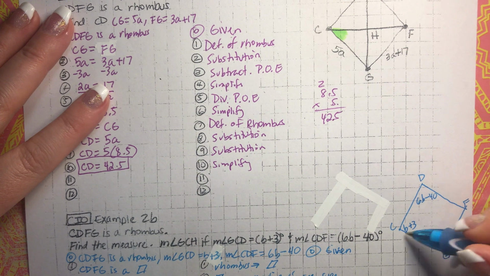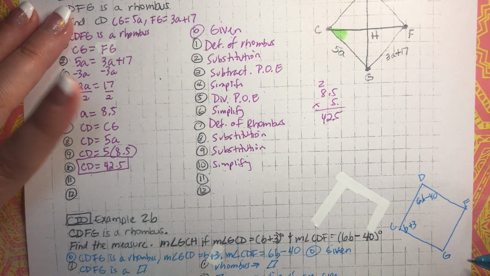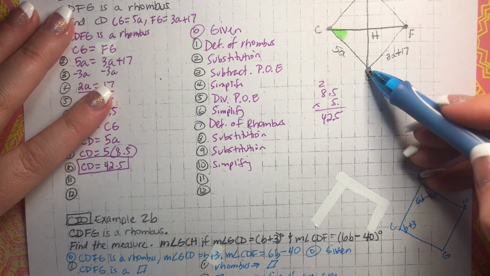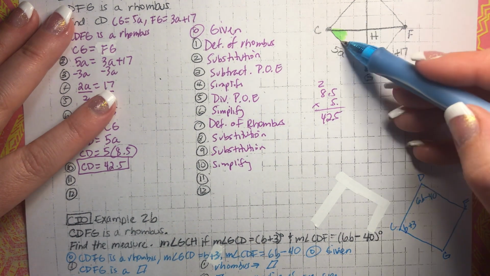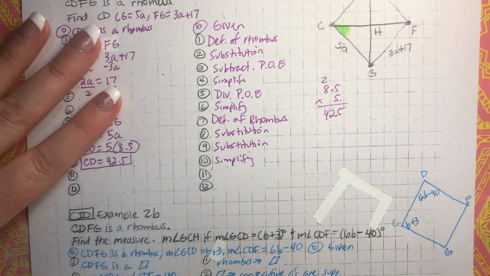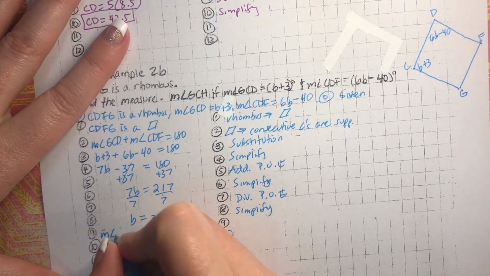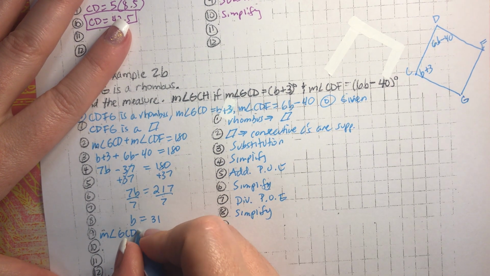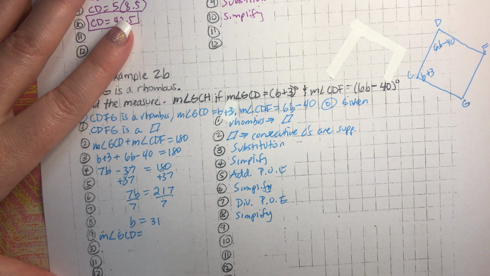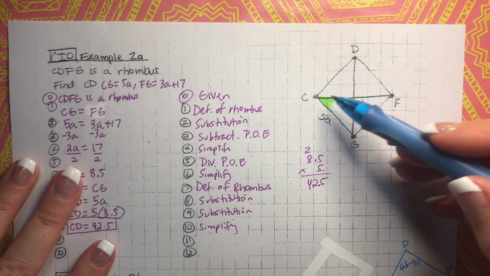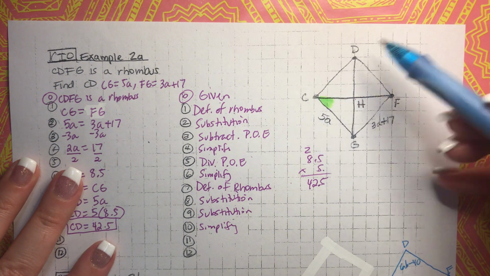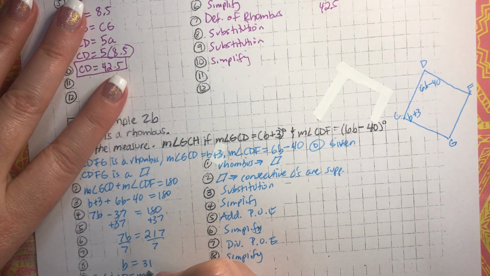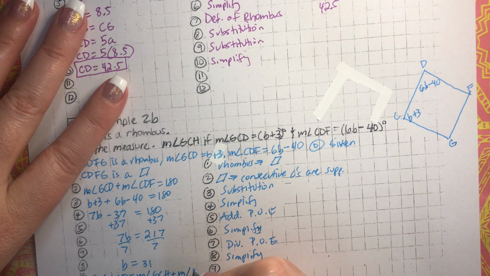So we can talk about the whole angle, right? GCD is equal to these two angles added together because of the angle addition postulate. So the measure of the big angle GCD is equal to the measure of angle GCH plus the measure of angle HCD.